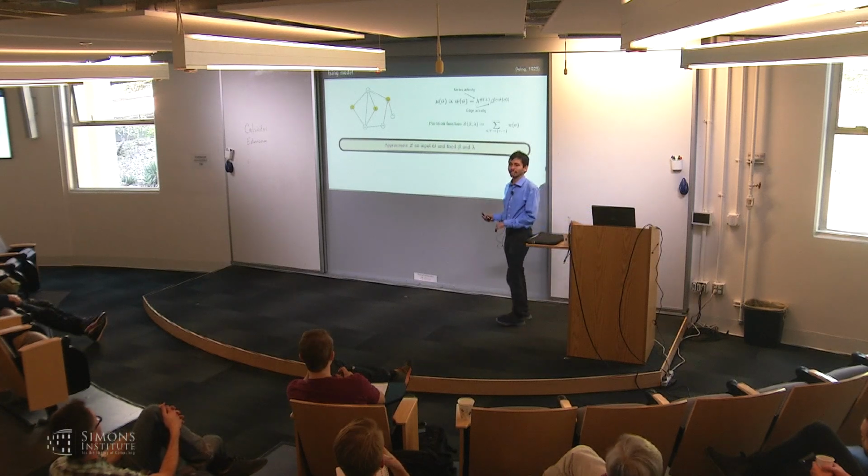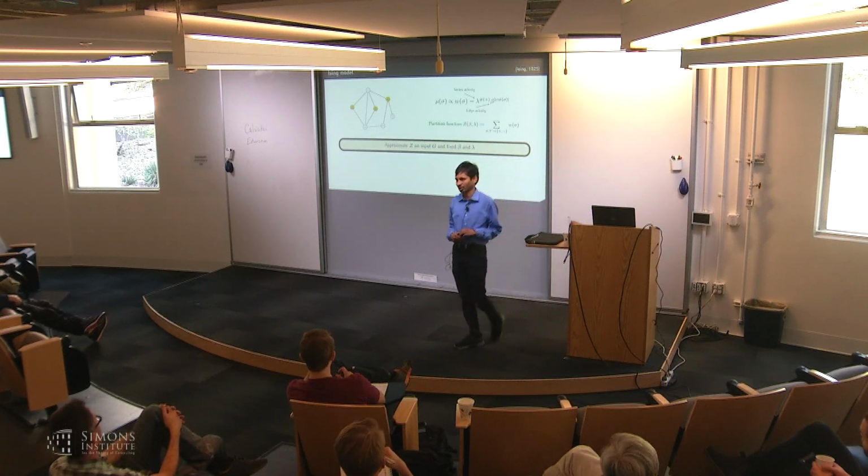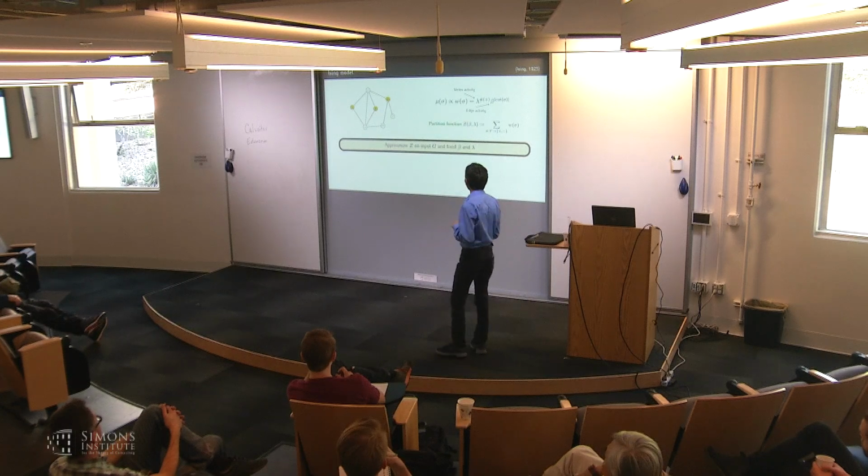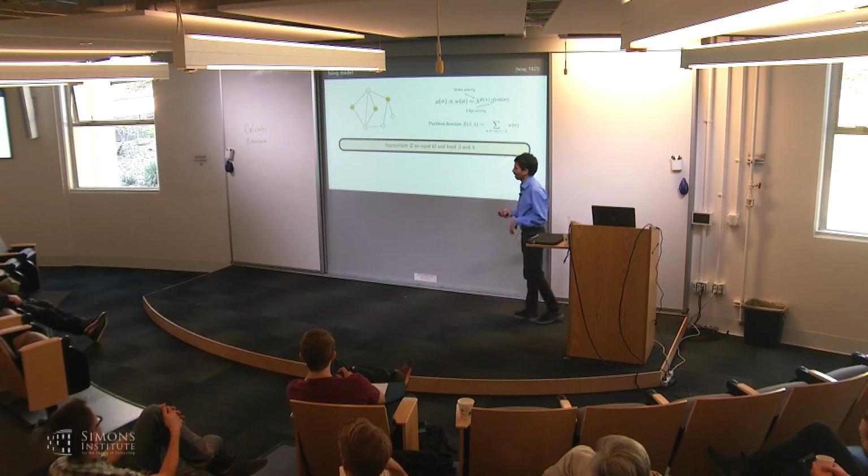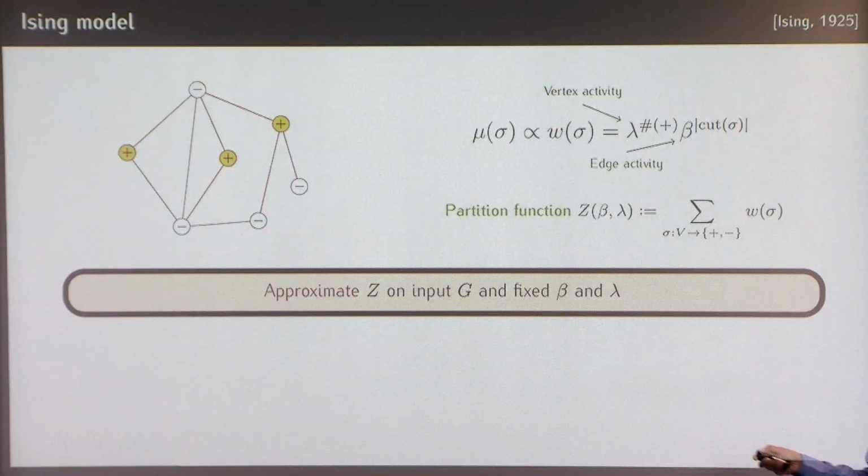Okay. So for the rest of the talk, I'll work with a slightly different parameterization of the Ising model, which is easier to work with for algorithms. So again, I'll not have grids, I'll have general graphs. Given a graph, again the configurations will be plus and minus spins, and I'll have two parameters. There'll be an edge parameter, beta, which is in some sense a proxy of the inverse temperature, and a vertex parameter, lambda, which will be some sort of proxy for a field.